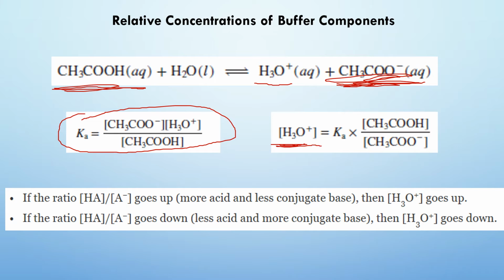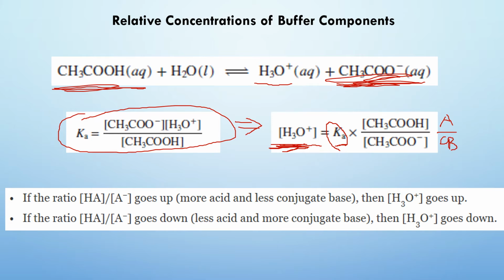So by rewriting this equation on the left, we can derive that the proton concentration is equal to Ka, which is the dissociation constant for acetic acid, a constant value, multiplied by the ratio of the acetic acid concentration divided by the acetate concentration. So it's the acid and the conjugate base.